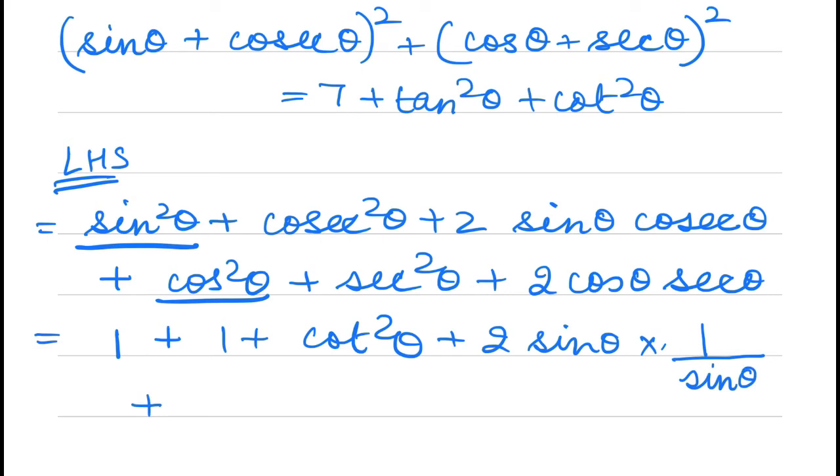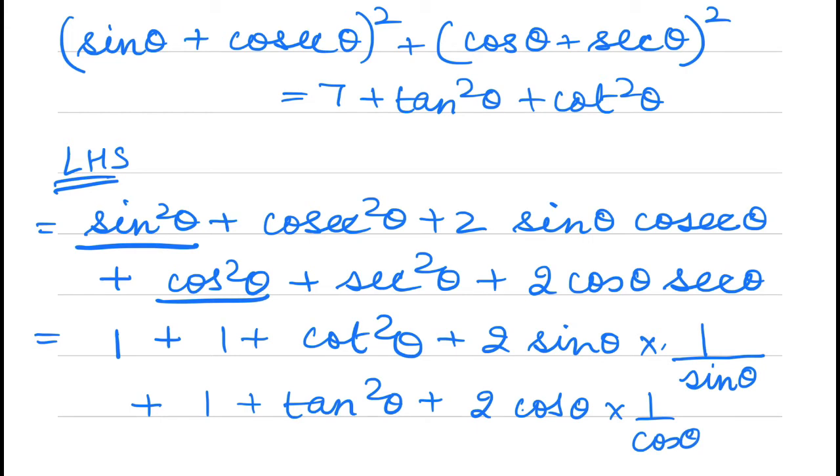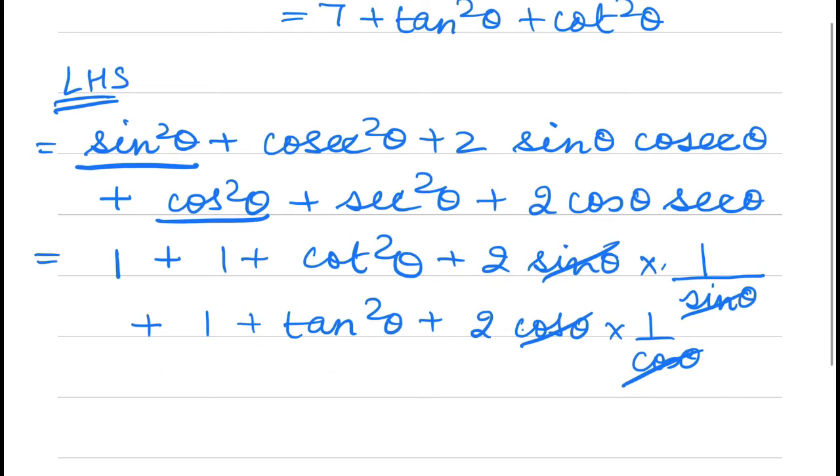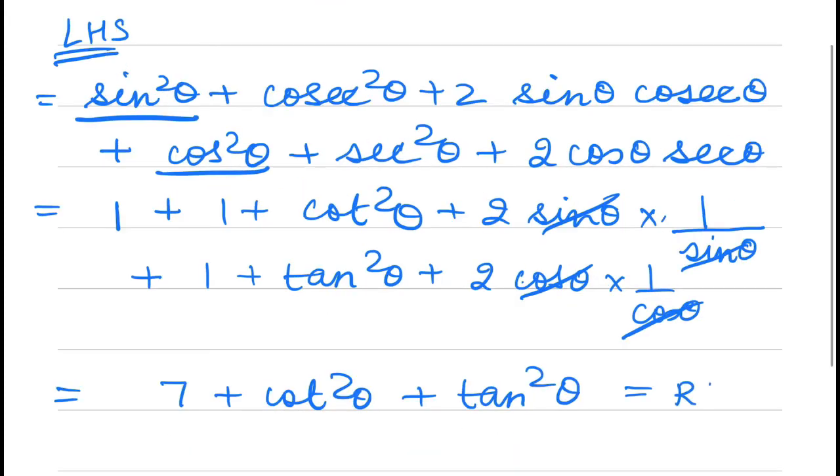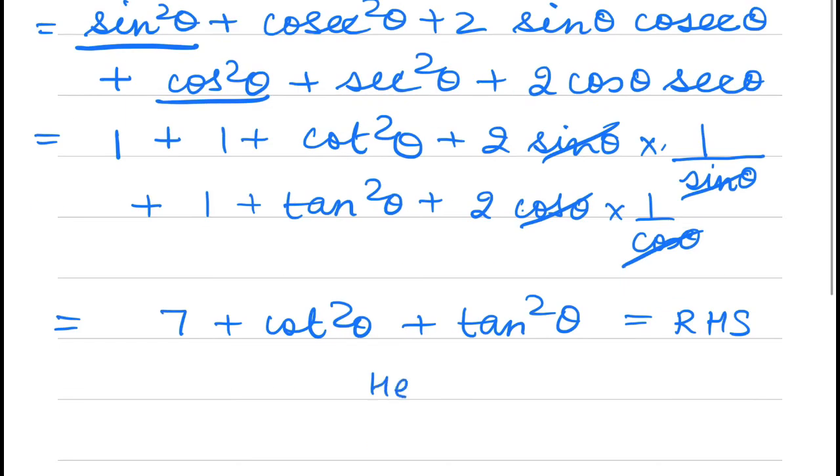Sec square theta I can write down as 1 plus tan square theta plus 2 into cos theta, and sec theta is 1 by cos theta. The sine theta gets cancelled, cos theta gets cancelled. We get 2, 4, 6 and 7 plus cot square theta plus tan square theta. This is equal to the right hand side, so hence proved.